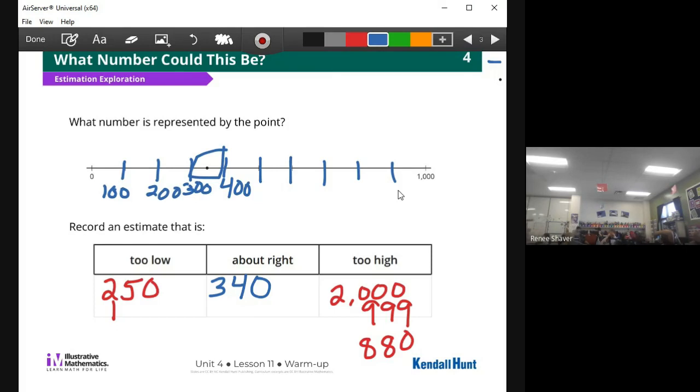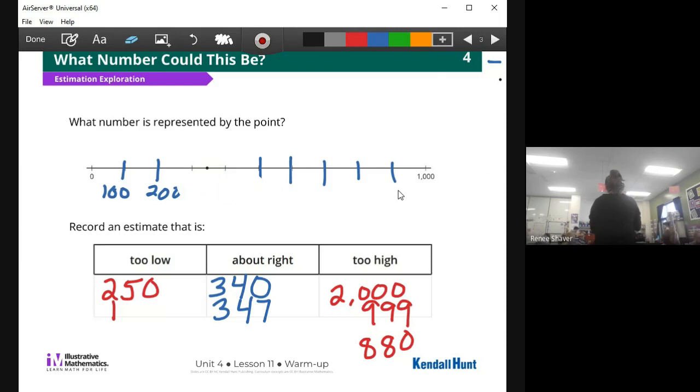What were some other answers that are about right? 327. Yeah. Because it's the 3, and it looks about just a itty bit more. I just estimated that it was 347. Yeah, I would say that's about right.